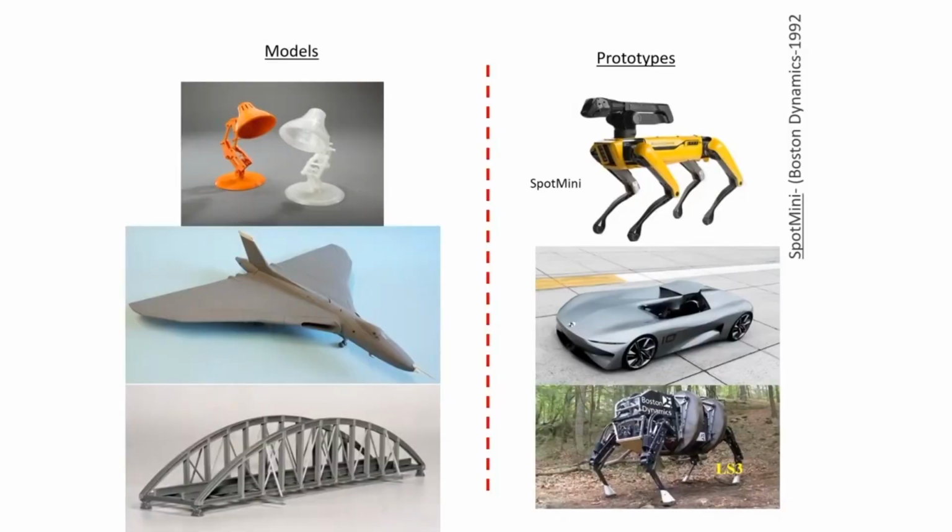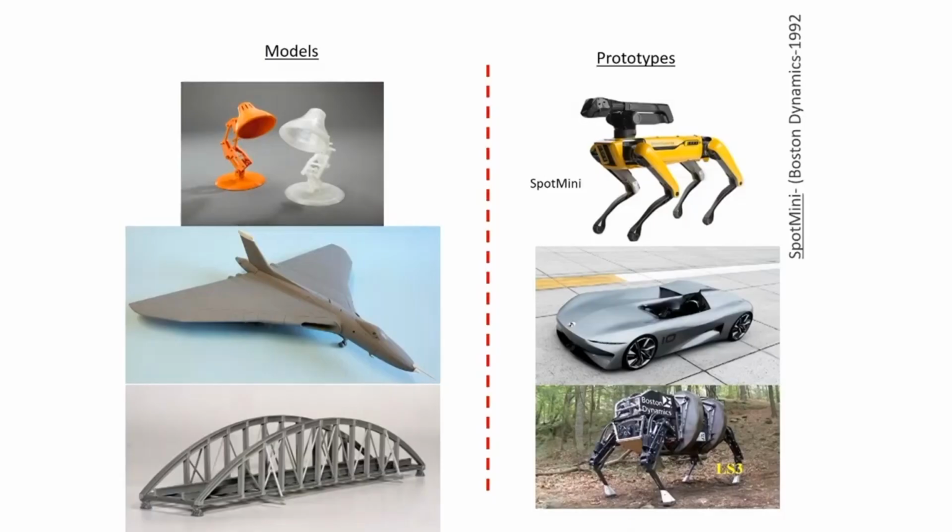Well, on your screen some pictures are there, and these pictures will give you a better idea about the concept of the model and the prototype. So here you can see the model of a lamp. These lamps are 3D printed.